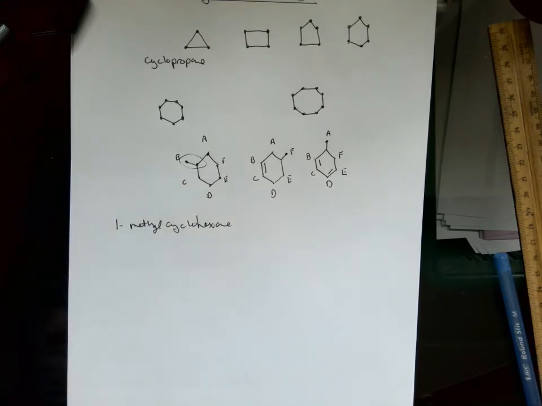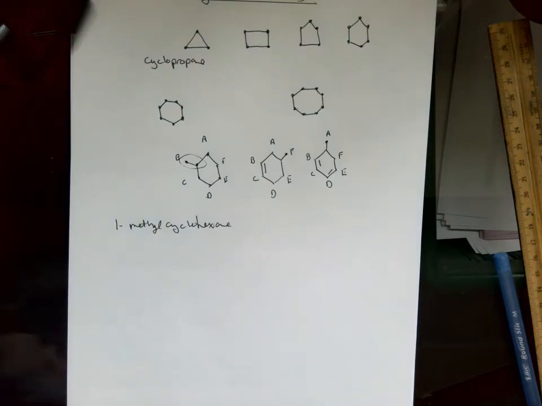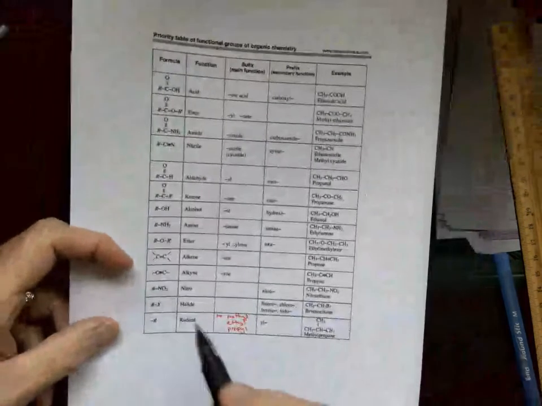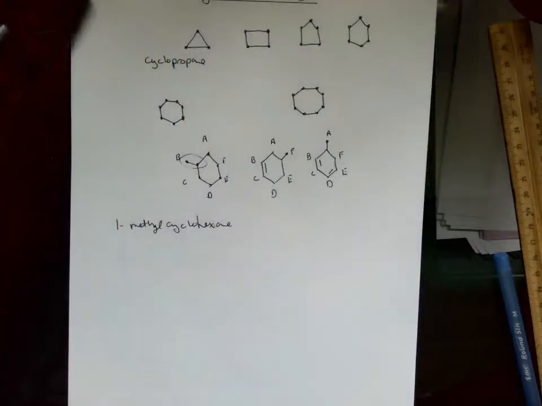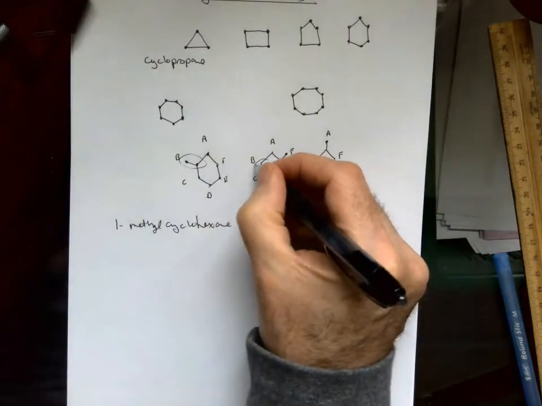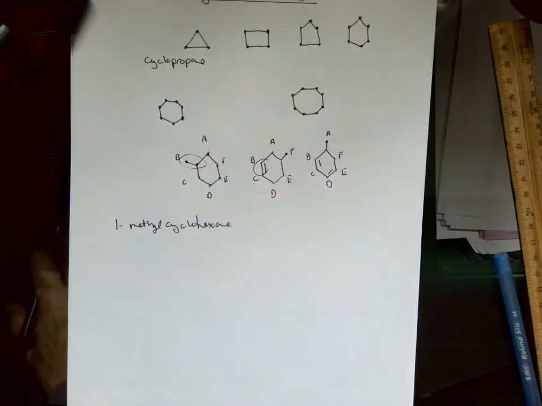So when we go to the second example, it's a little tougher to see where the first carbon is. But if you take a look at the priority list, what you'll notice is that double bonds take priority over the radicals, over the methyl, ethyl, or propyls. So your first carbon has to be on here. The rule is the first and second carbon have to be on the double bond if it's there.